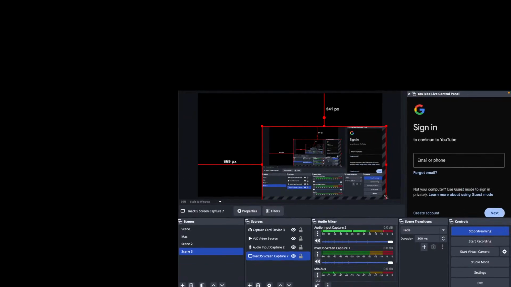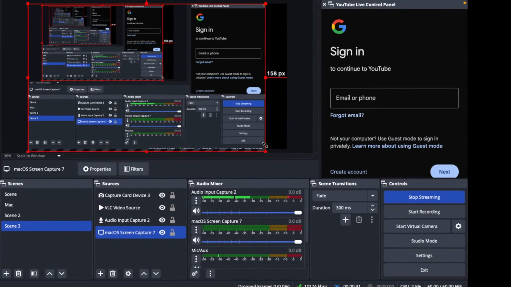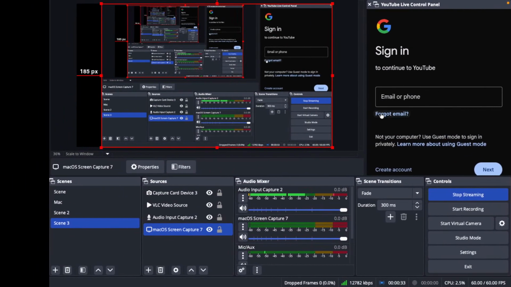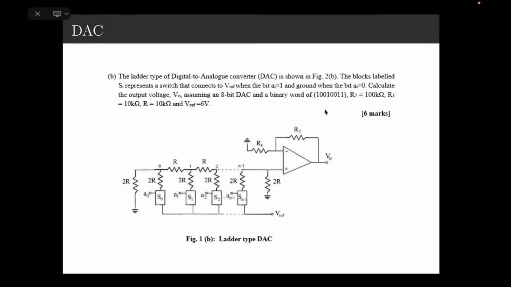I might have to make it bigger. Oh, because I have to zoom out. There we go. I'll just do that and like that. That should be fun. Alright, let's do this.